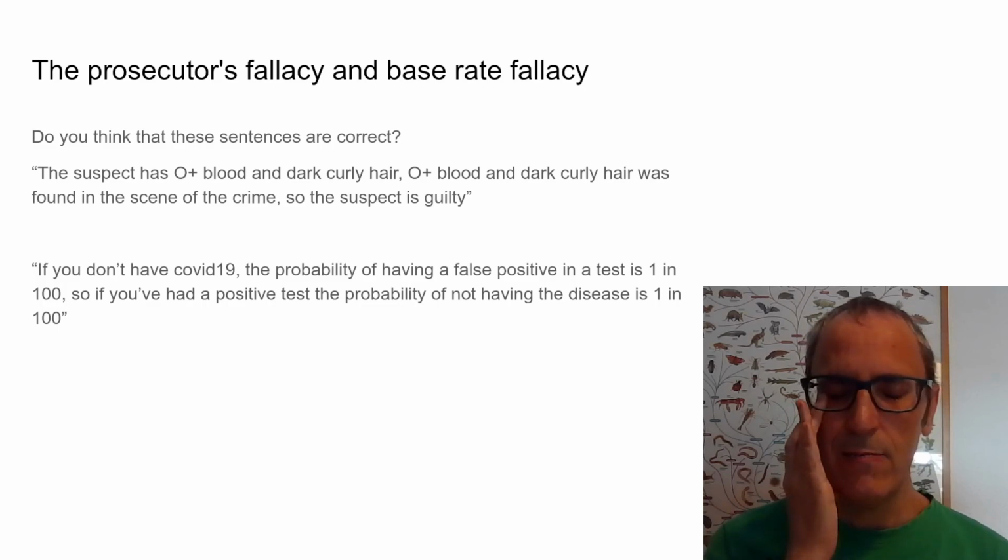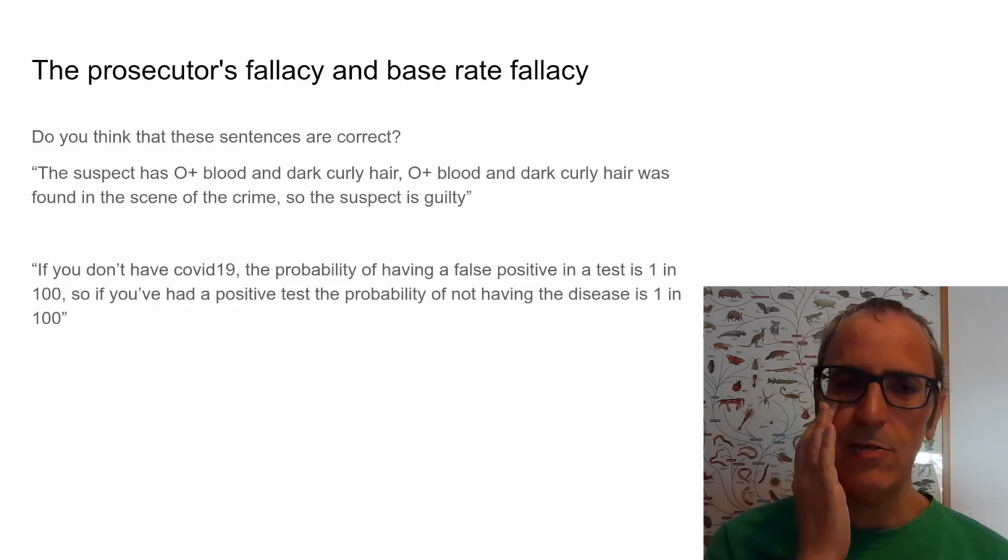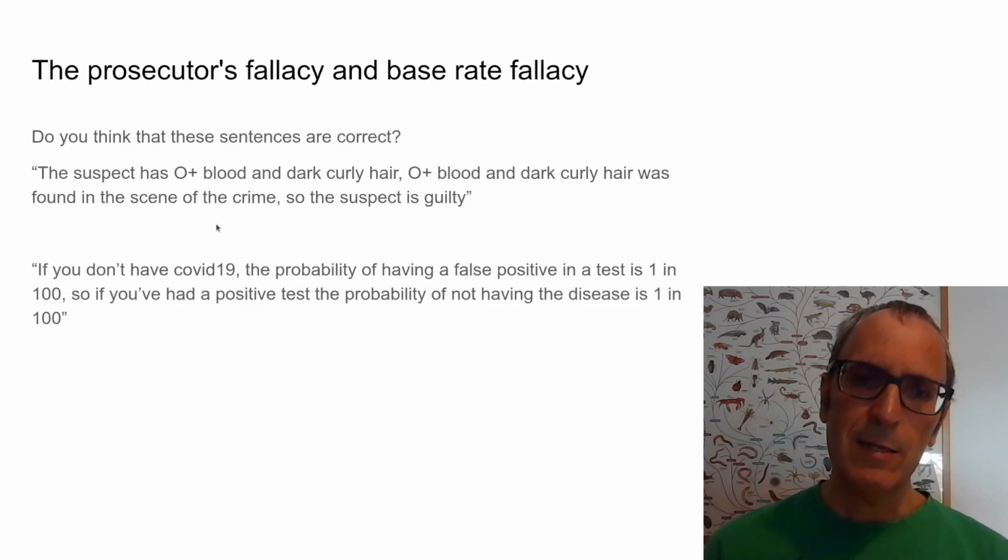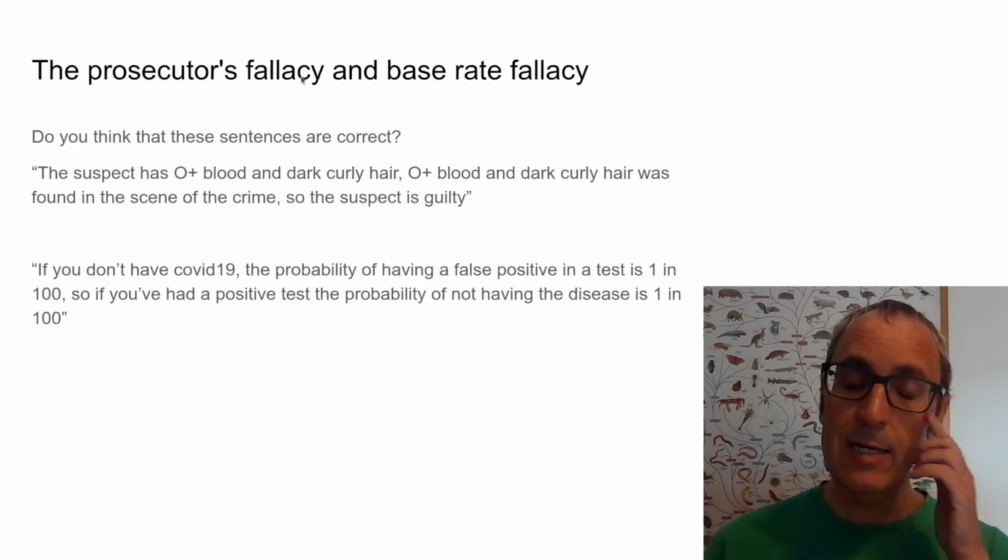For instance, if you hear that the suspect in a murder case has O+ blood and dark curly hair, and O+ blood and dark curly hair was found at the scene of the crime, so the suspect is guilty, and you think that is correct, then you are committing the prosecutor's fallacy. A fallacy is a logical mistake.